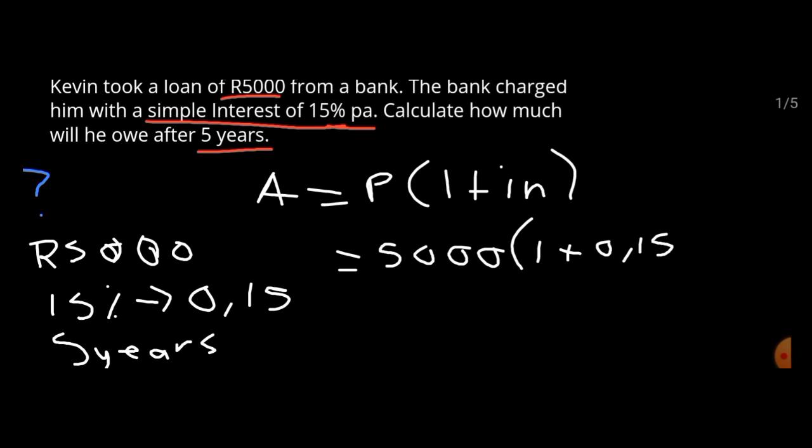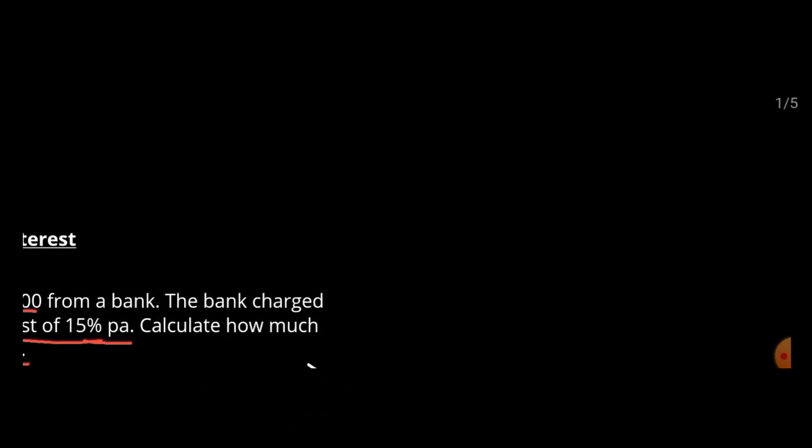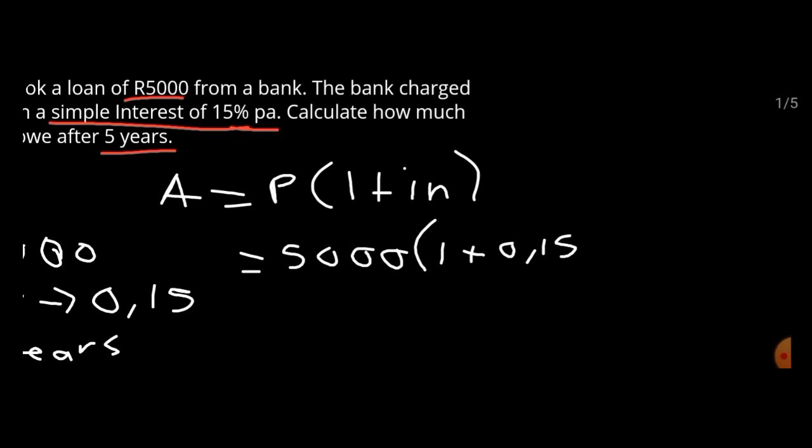Before the formula, you can convert separately like this: i is 15%, 15 divided by 100, which is equal to 0.15. You convert it to decimal, or you can do it straight in the formula: 15 divided by 100, then times the number of years, 5 years, and then you close.